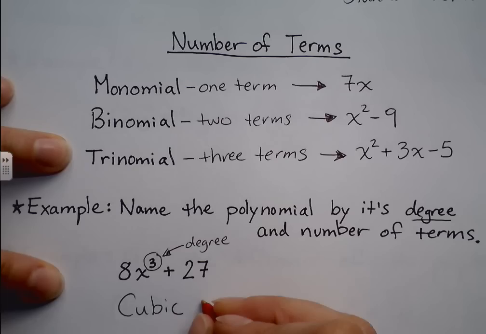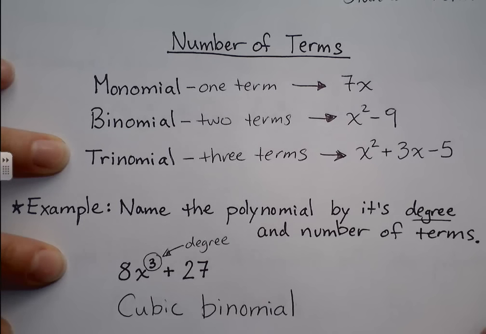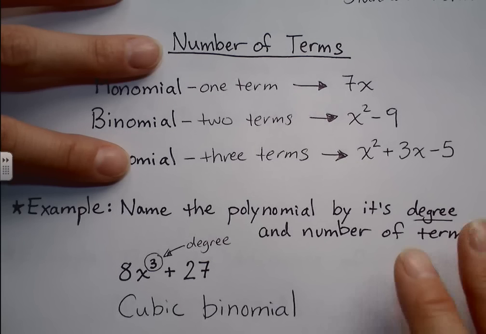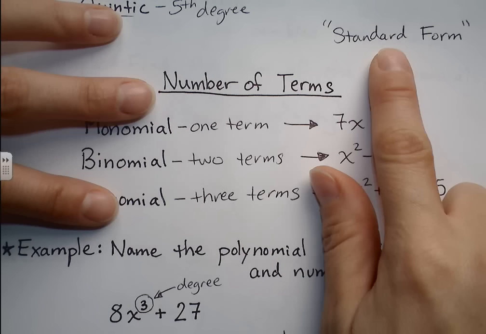So because it's a 3, this is a cubic, or you could say third degree. Alright, second part is number of terms. Well, I've got 1, 2 terms. So this is a binomial. So this is a cubic or third degree binomial.